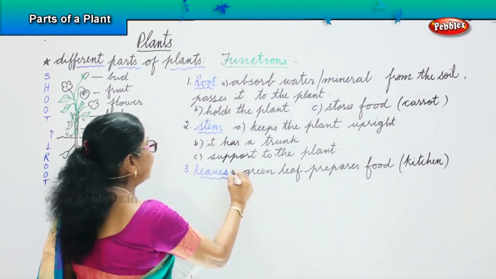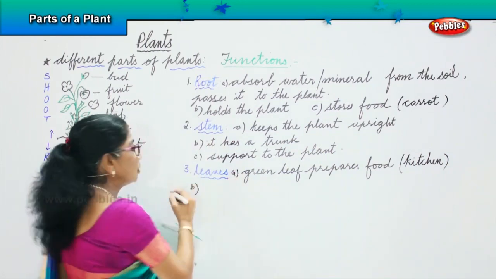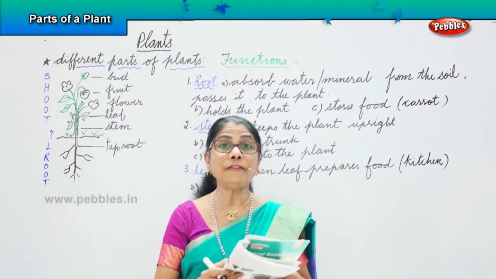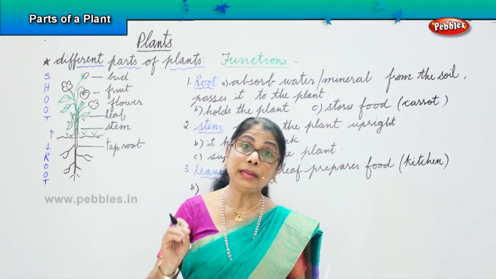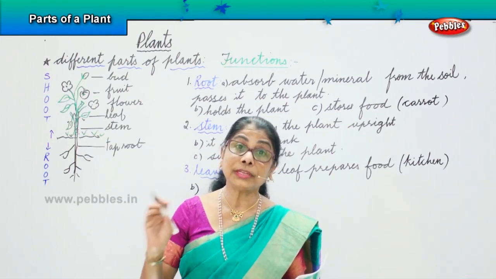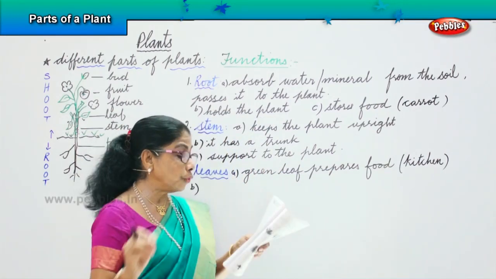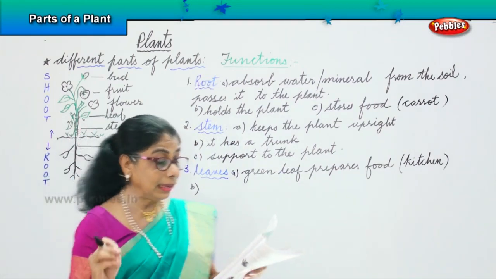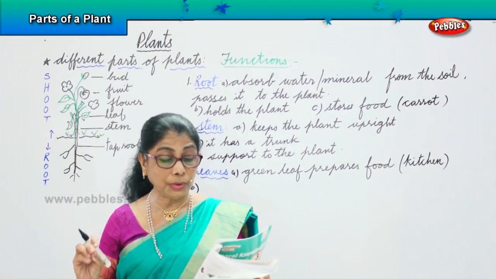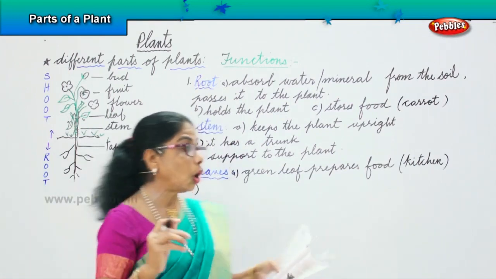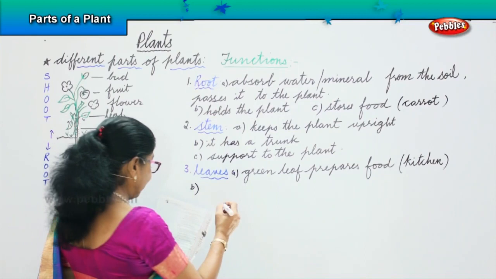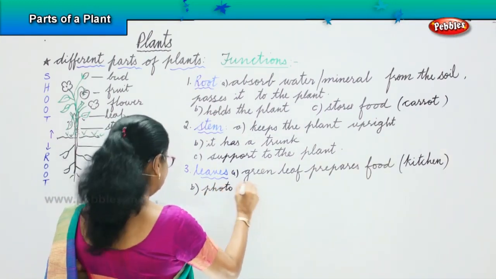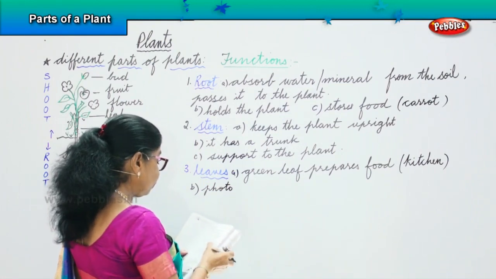Next, that is the first. What is another function of the leaf? This process of making food in the leaf is called photosynthesis. So, in a leaf, photosynthesis occurs. Finally, in the process of making food, plants release oxygen to the air. Photosynthesis takes place.